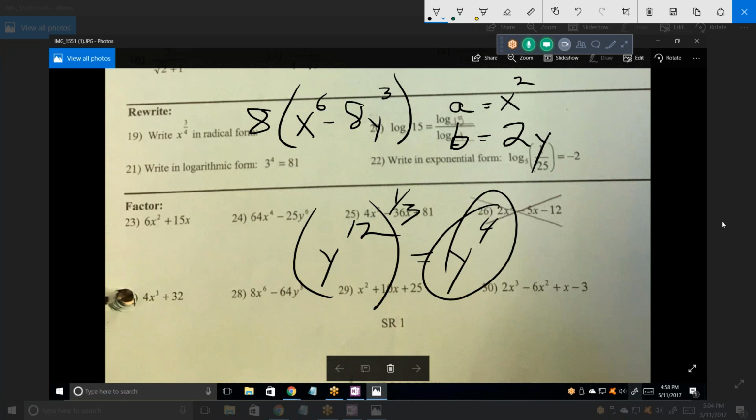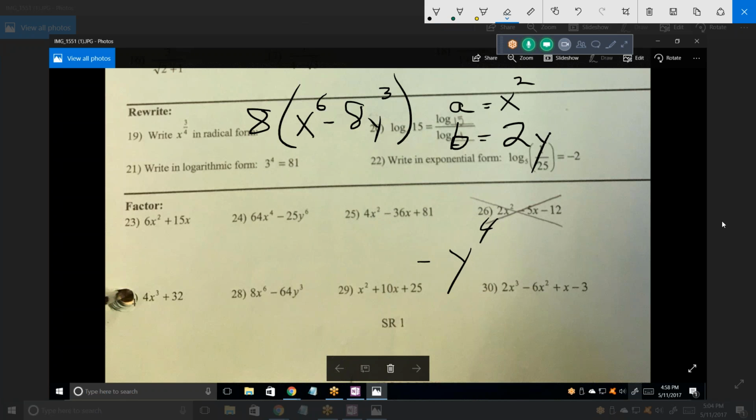That's the cube root of y to the 12th. So it's really just taking the exponent and dividing it by 3, just like the square root is taking the exponent and dividing it by 2. Okay. So, where are we at? Now our answer is 8 times what times what?